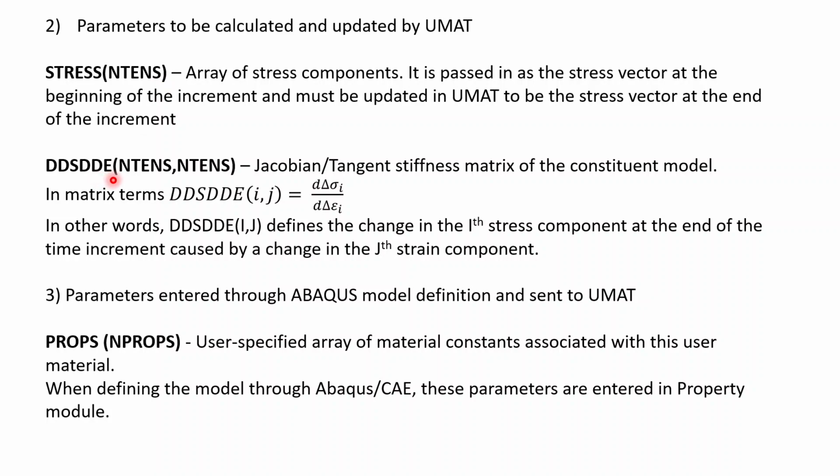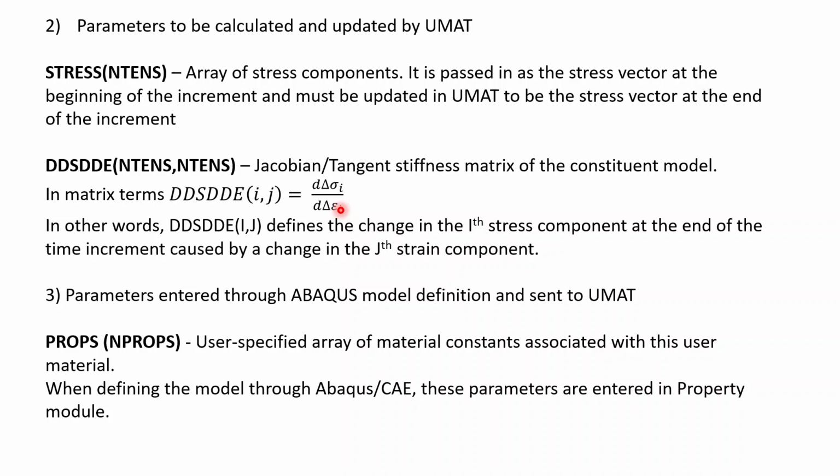So DDSDDE is nothing but the Jacobian or tangent stiffness matrix. In matrix terms, this is what Jacobian essentially means. DDSDDE of i comma j is equal to d delta sigma i by d delta epsilon j. In other words, DDSDDE defines the change in the ith stress component at the end of the increment caused by the change in the jth strain component.